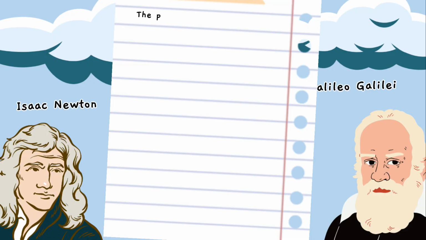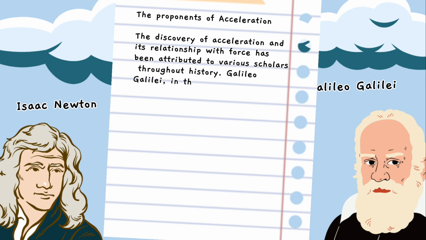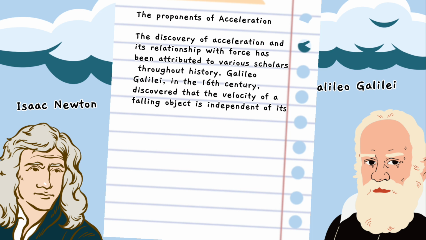Let us now move on to the proponents of acceleration. The discovery of acceleration and its relationship with force has been attributed to various scholars throughout history. Galileo Galilei in the 16th century discovered that the velocity of a falling object is dependent on its weight.